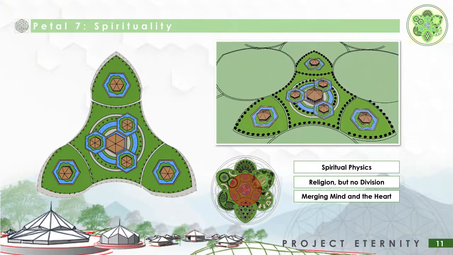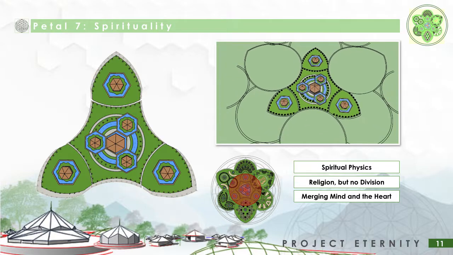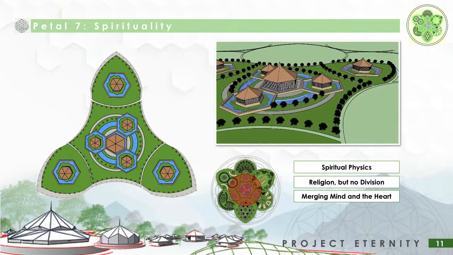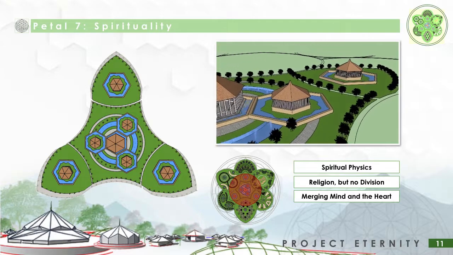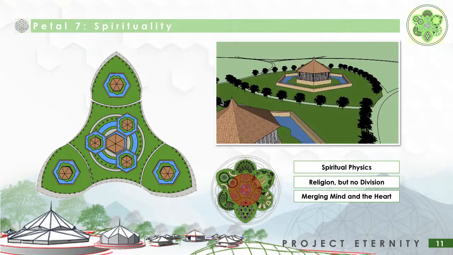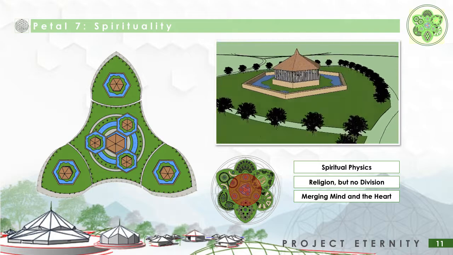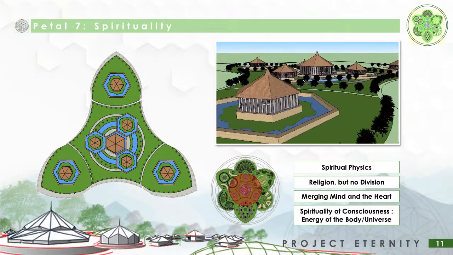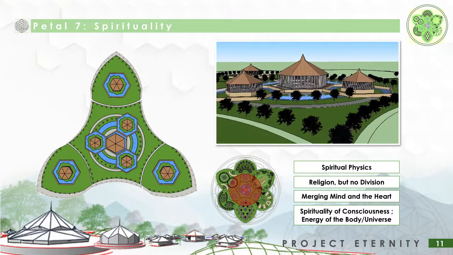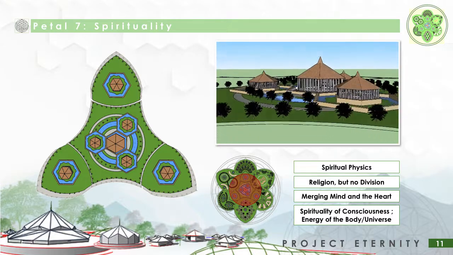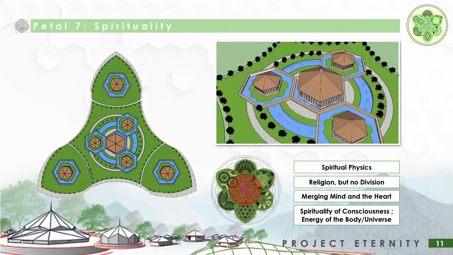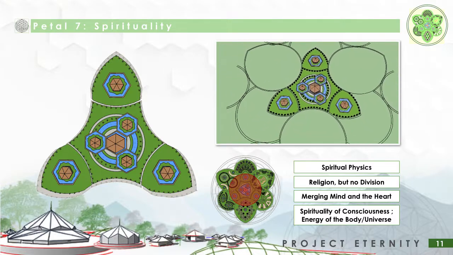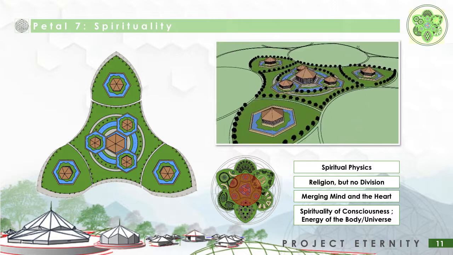Because we are bicameral, we are the only species that can hold paradoxes for the same idea, to be or not to be in the same mind, against any other animal on the planet. So, this is where spirituality comes up, consciousness, the energy of the body, the universe, all come together as e pluribus unum, from many to one.